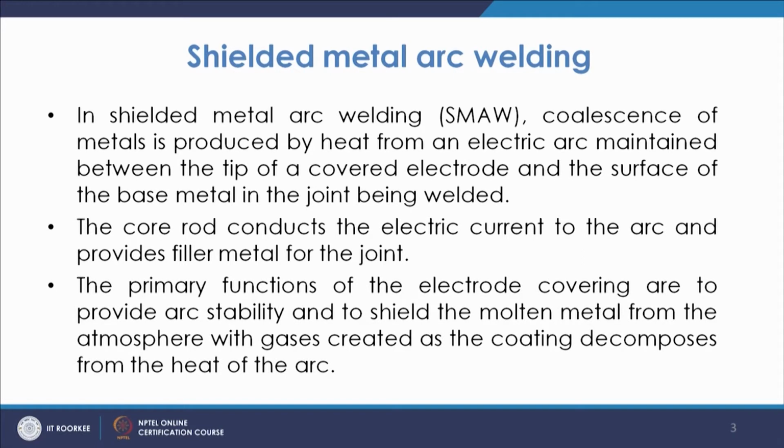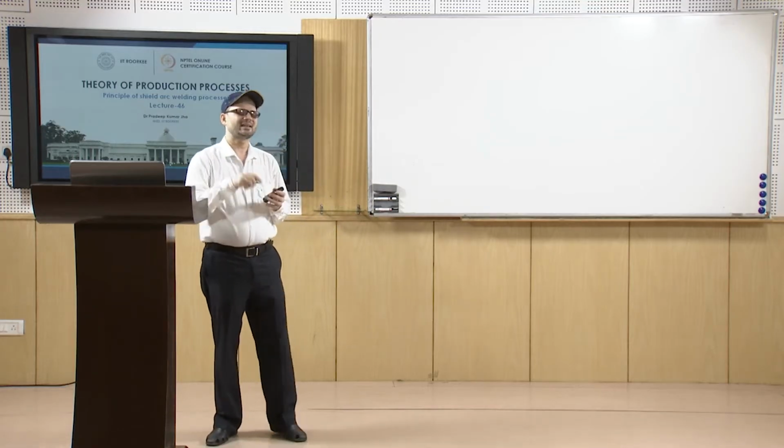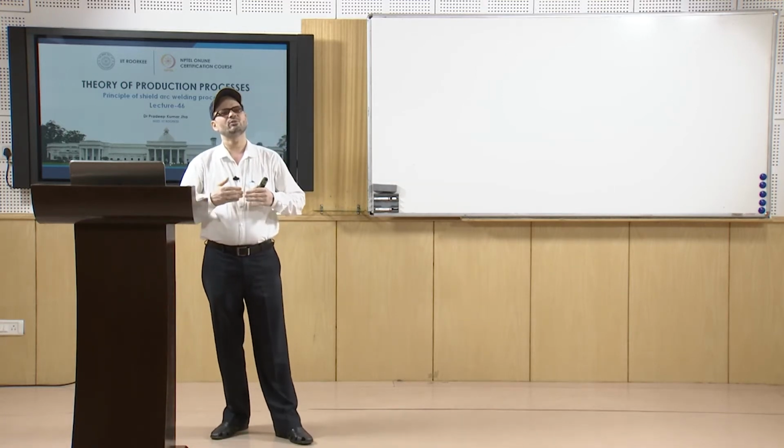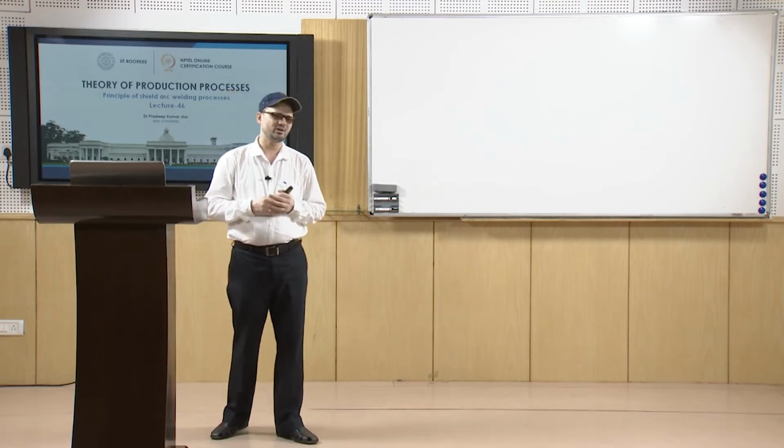Now, here the rod which is there, that basically melts, and that will basically conduct the electric current to the arc, and it will also work as the filler material for the joint.